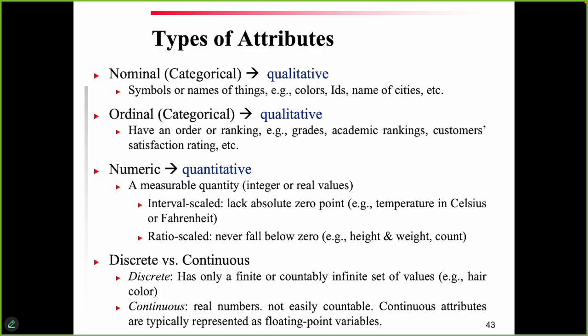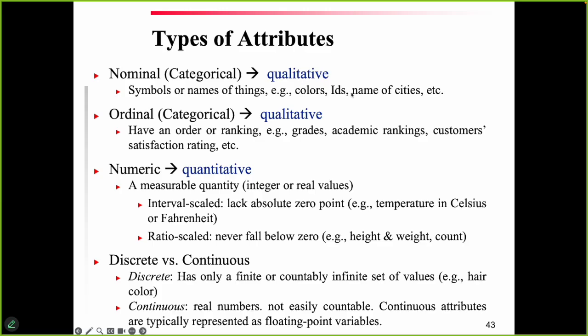Categorical attributes can be either nominal or ordinal. Both are categorical, both are qualitative. The only difference is that nominal ones have no order, but ordinal ones, as the name suggests, have order. For example, color, name of cities, or IDs where there is no order, like student numbers.